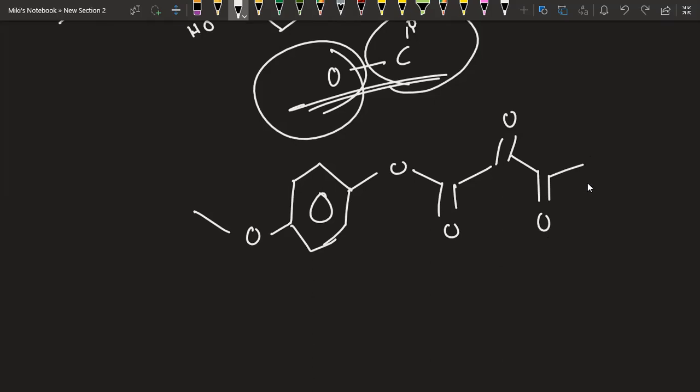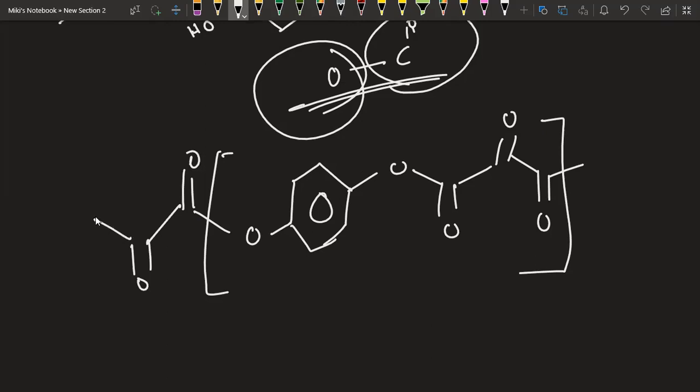Yeah, so this is the repeating unit, you could say. Okay, so that is basically it. Because if this is the case, we can have the other portion here as well, just drawing it upside down.